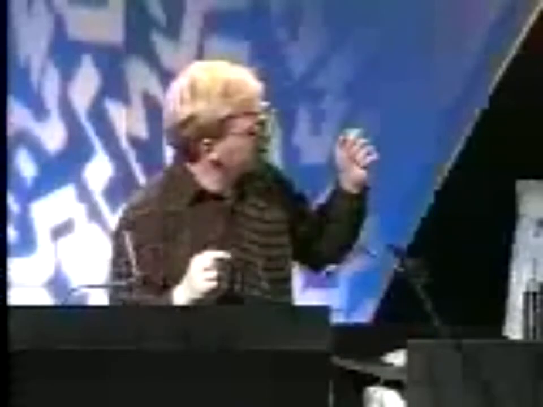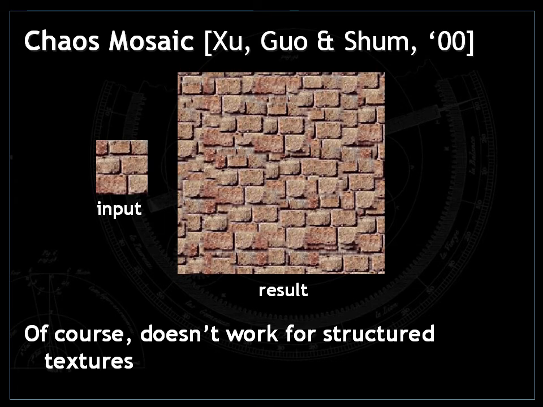You take a random block like the red one, and you place it somewhere else randomly. And then you smooth the edges so it looks okay. And then you repeat this over and over again. What you get is not that bad, considering how simple this is. In fact, it was used in the lapped textures paper last year at SIGGRAPH. Of course, it doesn't really work well on structured textures, but it shouldn't work for these.